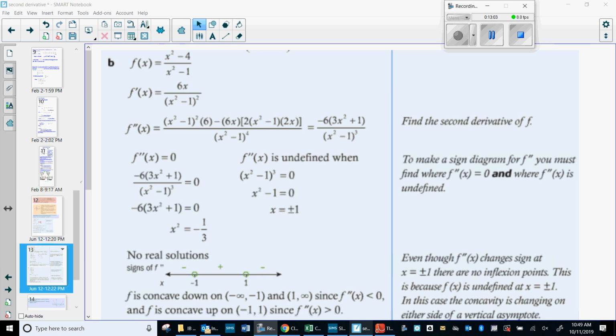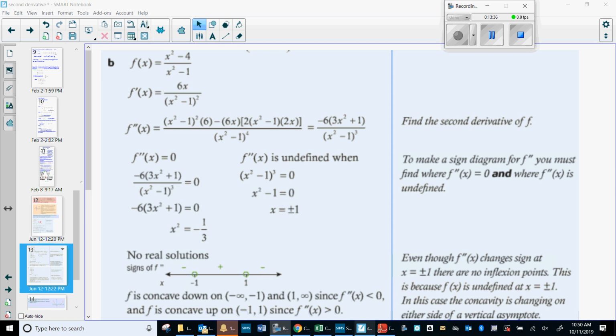When the denominator is 0, it would be undefined. So if we rearrange this, we find that the value of x is positive or negative 1.